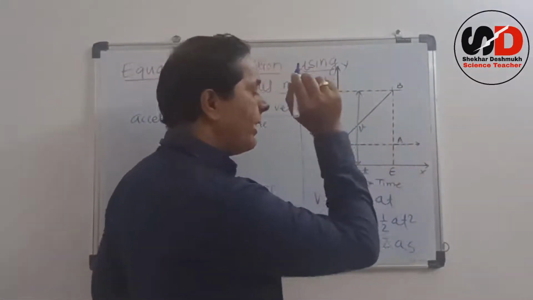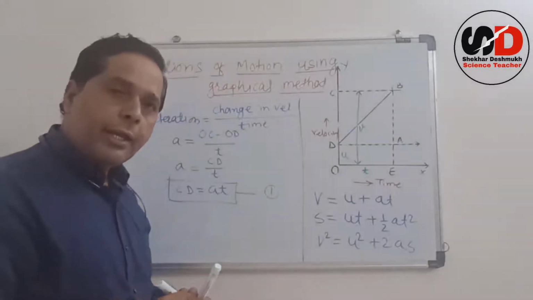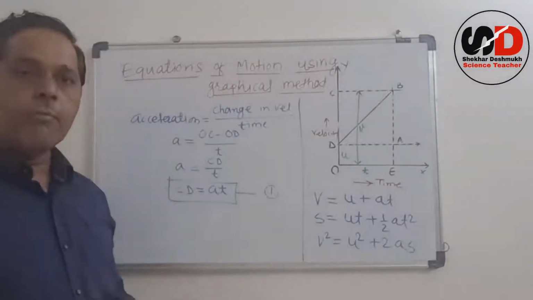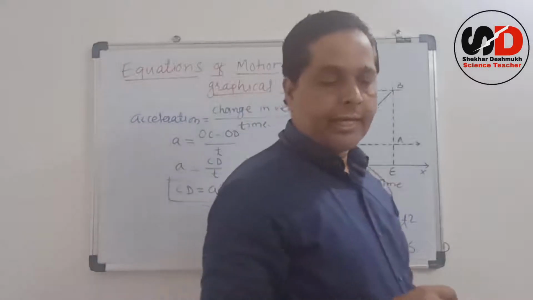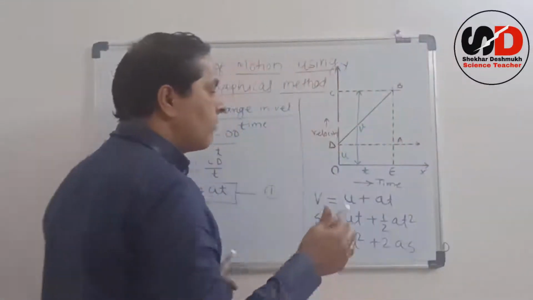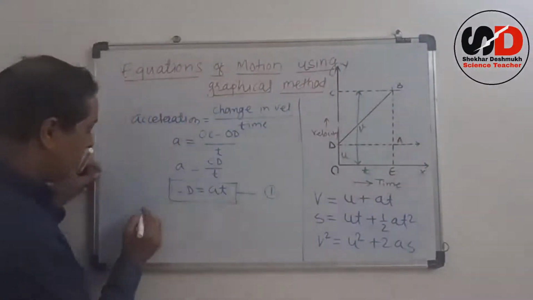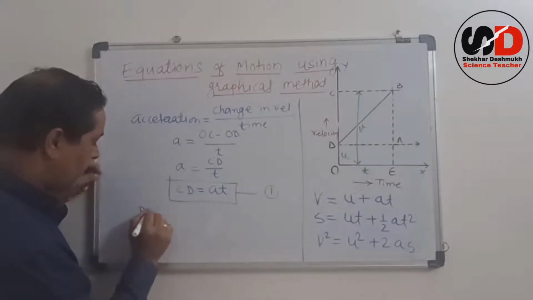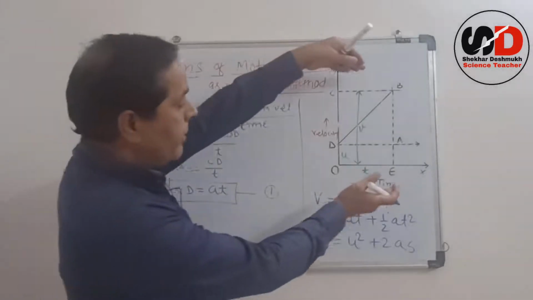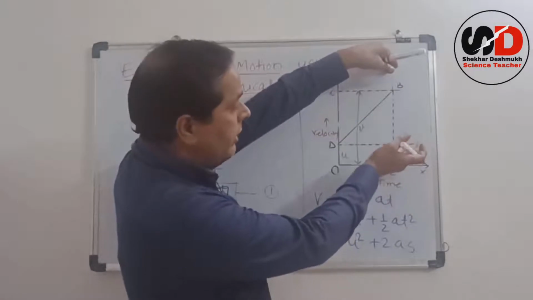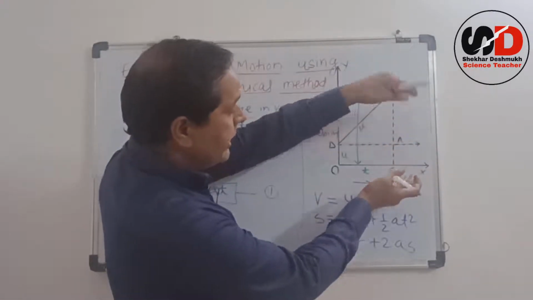And now from this graph we can get that BE is equal to AB plus AE.